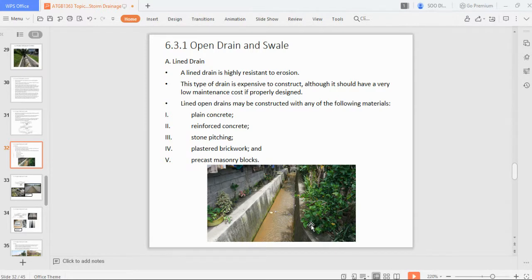It will be expensive to construct at first, but what we love about this sort of drainage is that it has a very low maintenance cost if properly designed. Once we design a lined drain and put it in place, we do not have to do any maintenance on it. That's why we have a lot of lined drains implemented all around our city.